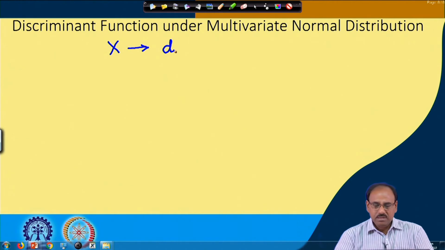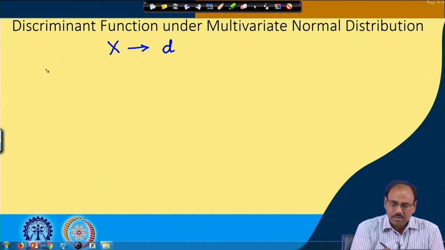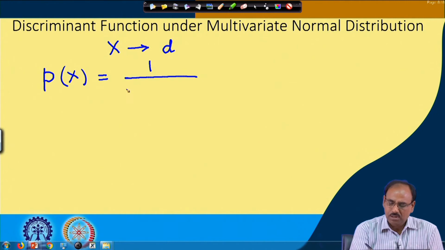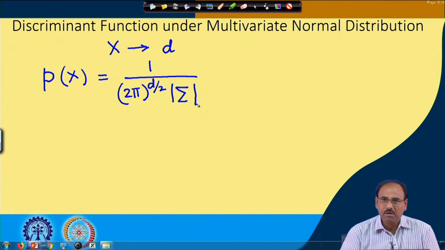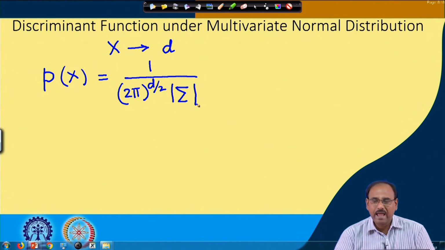So, given this, the multivariate probability density is now given by p(x), which is 1 over 2 pi to the power d by 2. Then instead of variance, now I have multiple variables. So, what I have is a covariance matrix. So, sigma is the covariance matrix.